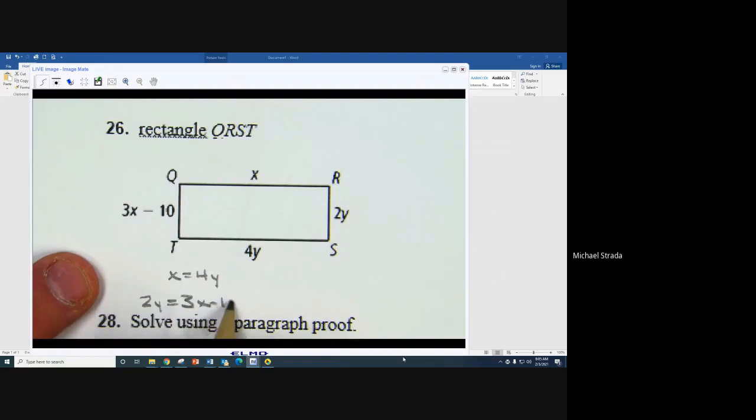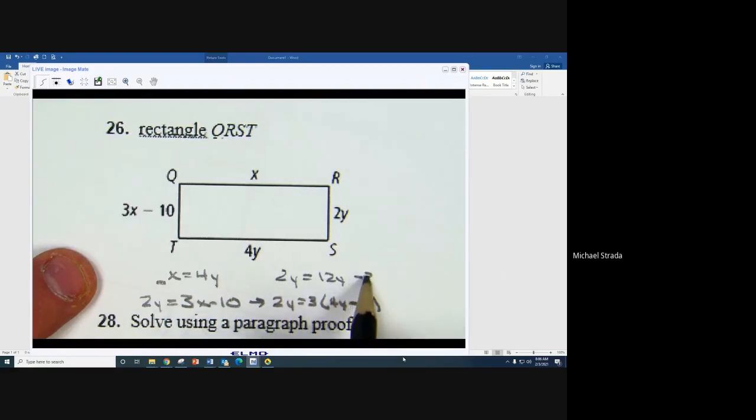Since x is isolated, I can substitute that in the second equation. 2y equals 3 times 4y minus 10. 2y equals 12y minus 30. Negative 10y equals negative 30. y equals 3.